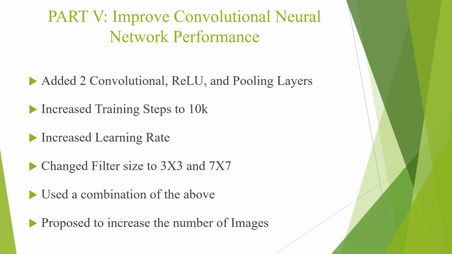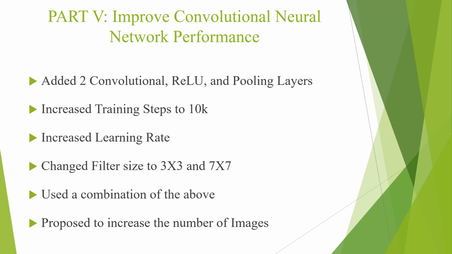We also increased the learning rate, which really didn't make that much difference in the actual accuracy level. We also tried changing the size of the filters, but we got a decline in our accuracy level when we did that.